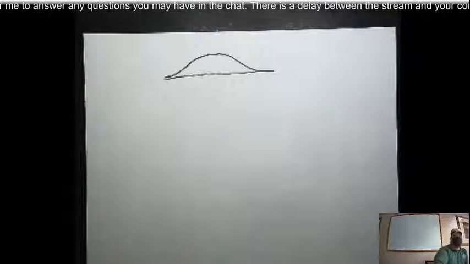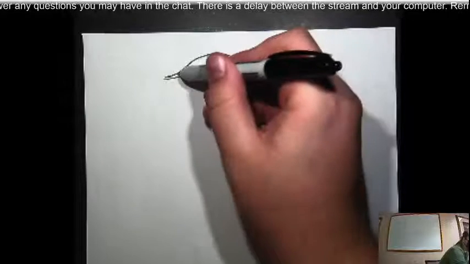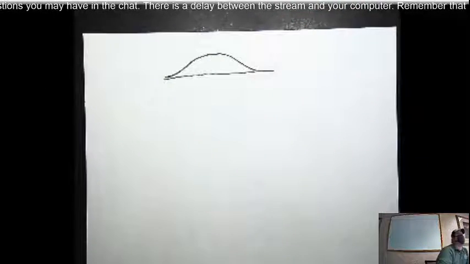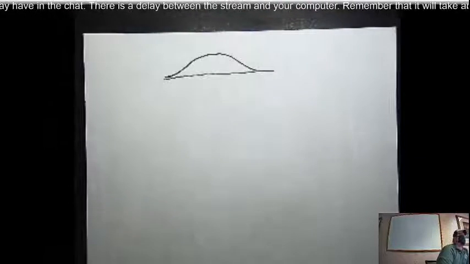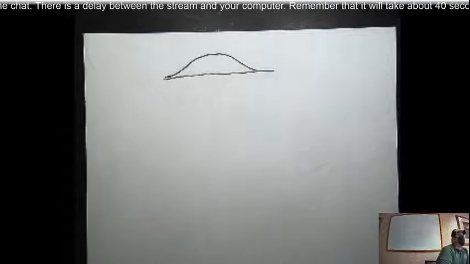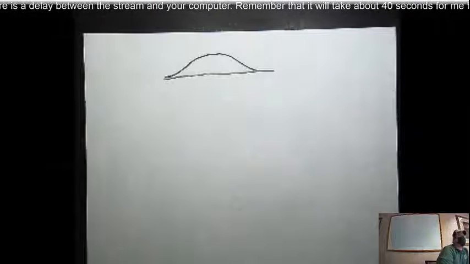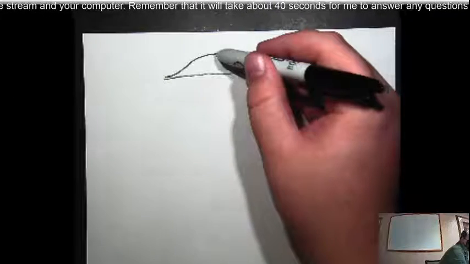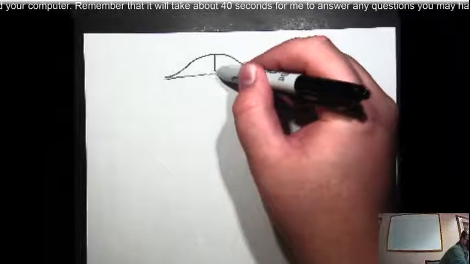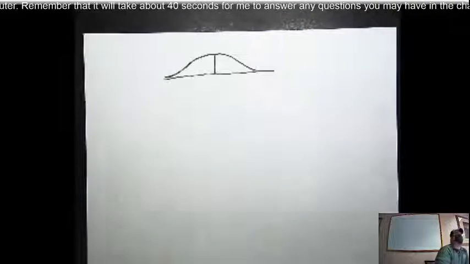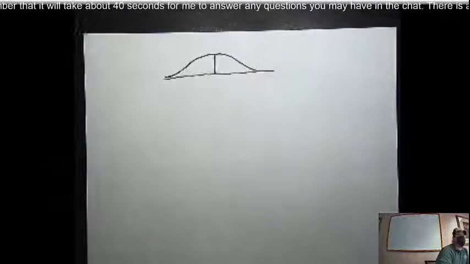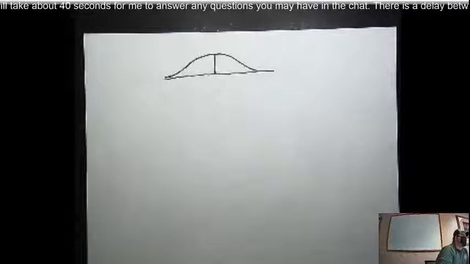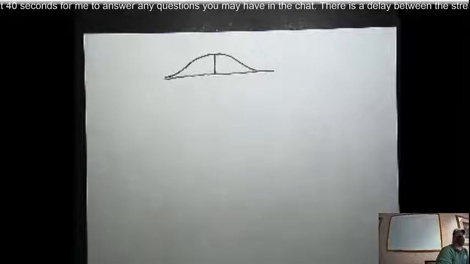Everything is symmetrical. So these areas where the curve is very short would be where we have a data point that doesn't have a whole lot of frequency, so maybe it only happens once or twice. So that means that up here, where we have our peak, that is the data point that happens the most. It has the most frequency.